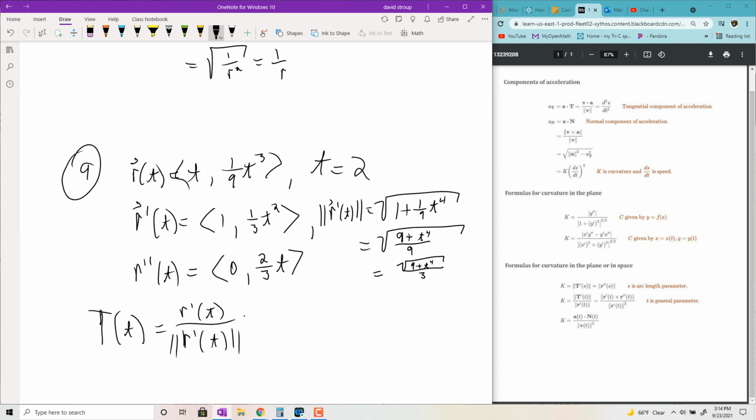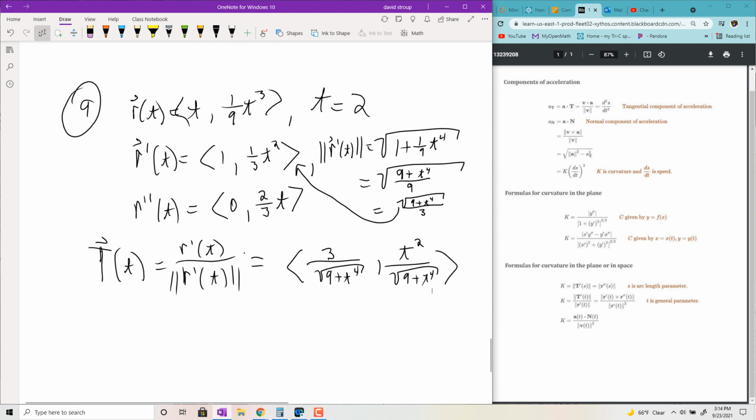And then we're multiplying by the reciprocal, and that will give us the unit tangent vector. So we end up with 3 all over the square root of 9 plus t to the 4th, comma, t squared all over the square root of 9 plus t to the 4th. Oh, this doesn't look like it's going to be a lot of fun. All right, then I need to get its derivative, and I'm already regretting it.